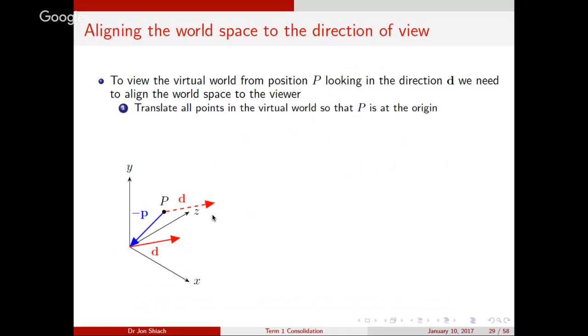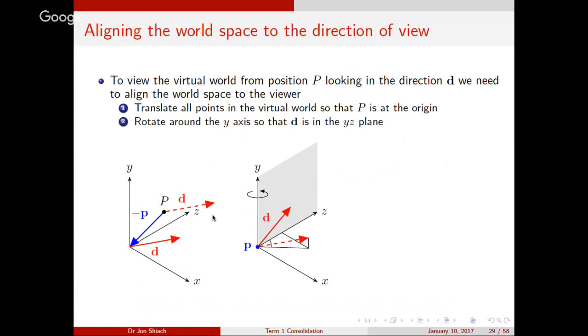The first thing we do is translate all of our points in the virtual world. There might be thousands of them. We translate them all by minus P, which moves your camera to the origin.